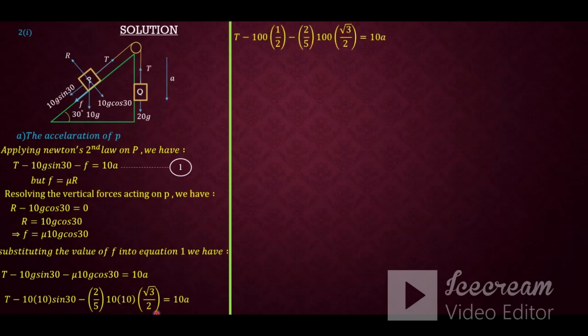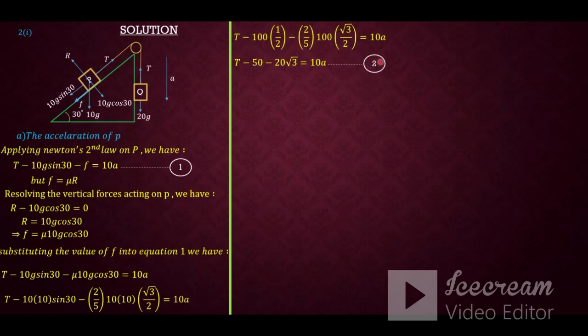Further simplifying, we obtain T minus 100, because 10 times 10 gives us 100, times sin 30, which is just a half, minus 2 feet times 100 times the square root of 3 divided by 2, equal to 10 times the acceleration. Further simplifying, you obtain T minus 50 minus 20 square root of 3 equal to 10 times the acceleration. Let us call this our equation 2.